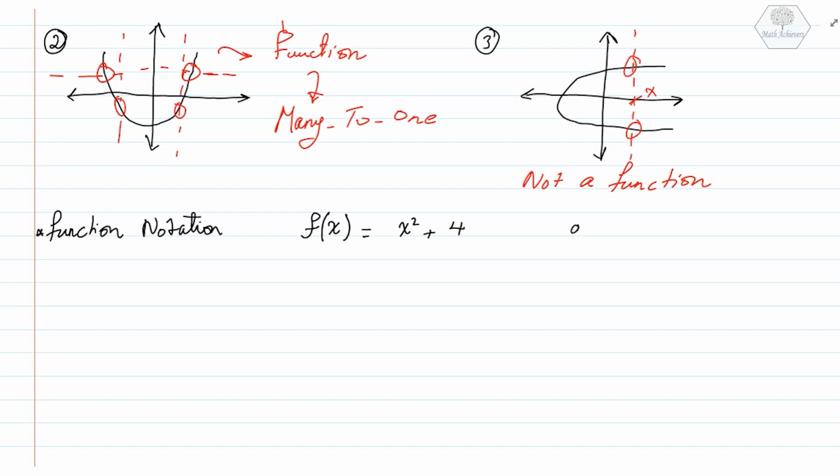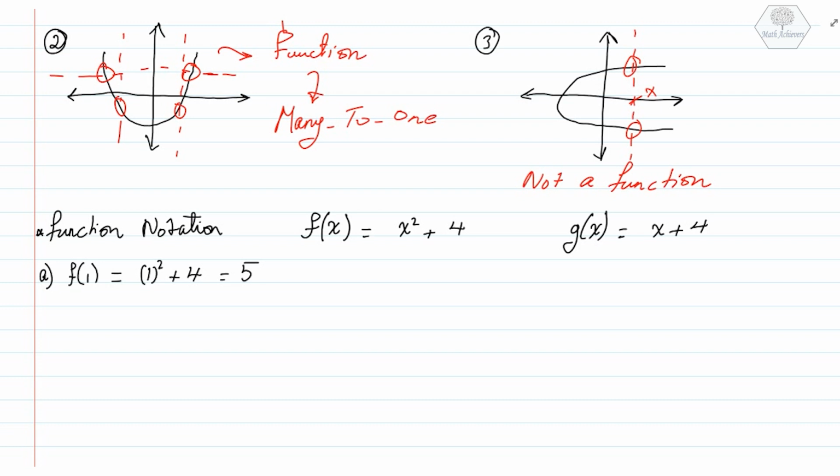Let's have another function so we can take an example directly in composite functions. Say g of x is equal to x plus 4. For part A, I want to know f of 1. F of 1, simply I substitute 1 instead of x, it's equal to 1 squared plus 4, which is equal to 5. This is f of 1.